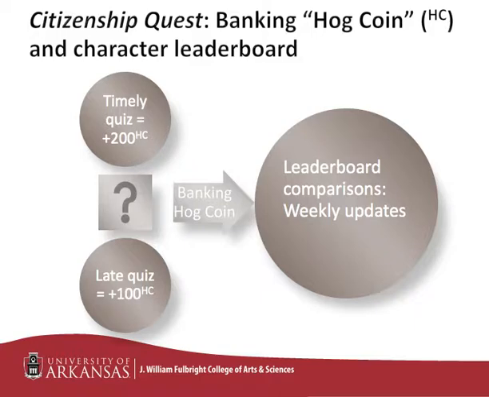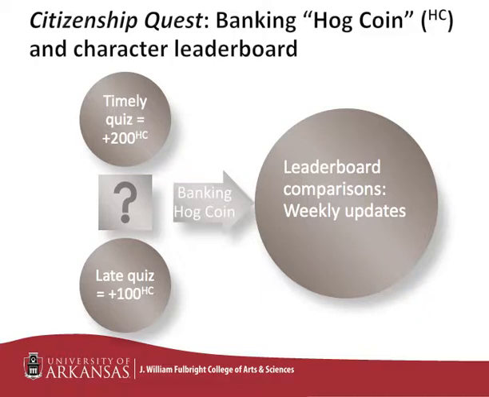So beyond that, the key thing is understanding that when we play this game, we have quizzes that provide us with hog coin. In other words, if you take your quizzes during the course of this class in a timely manner, you get twice the hog coin to put in your Citizenship Quest role-playing bank account. Now, if you fall behind and don't meet the deadlines, you can still get the hog coin, but it's half the amount you would have received otherwise.